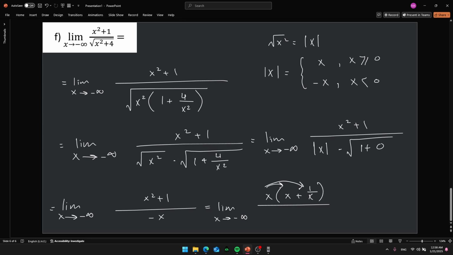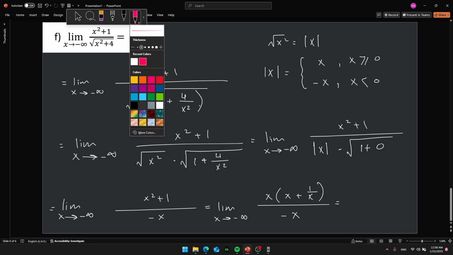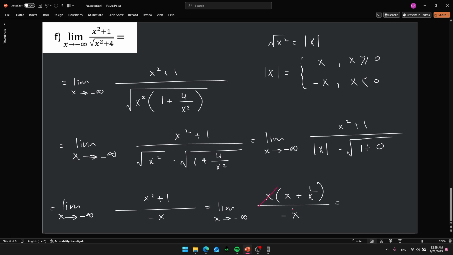If I multiply it again, I'll get x squared plus x over x, 1. So I took x as a common factor, and the denominator is negative x. Now, the x's will cancel out, and I'm left with limit as x approaches negative infinity of x plus 1 over x, over negative 1.